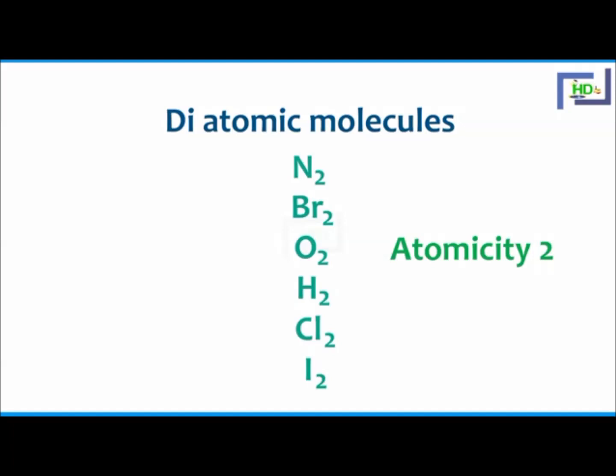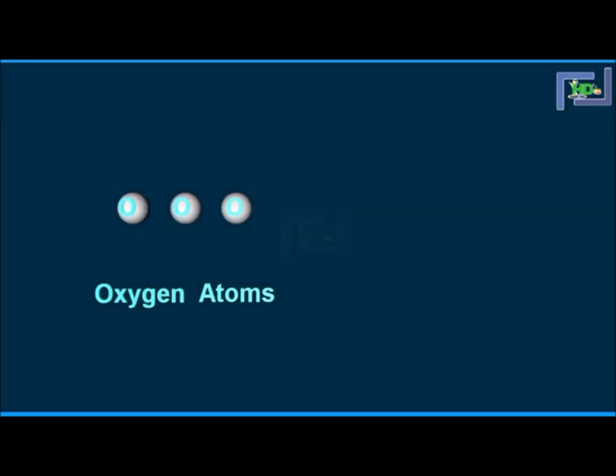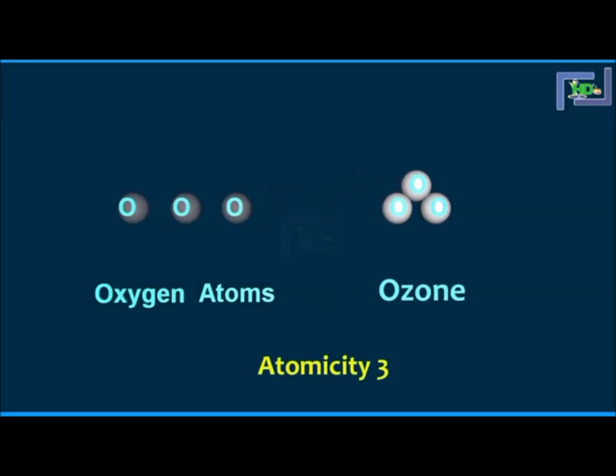Atomicity means the number of atoms present in a molecule of an element. For example, oxygen. An oxygen molecule contains two atoms, hence its atomicity is 2. Ozone contains 3 atoms, its atomicity is 3.